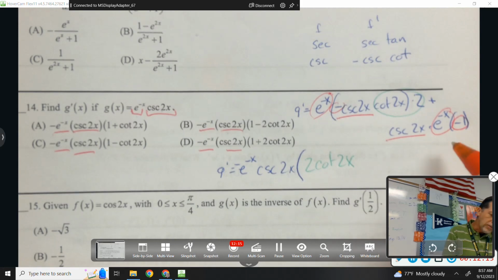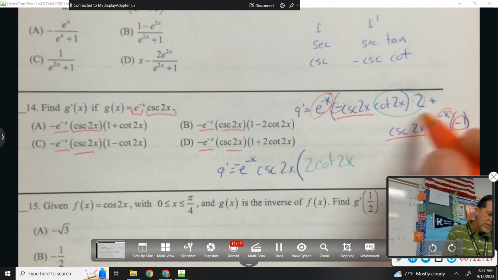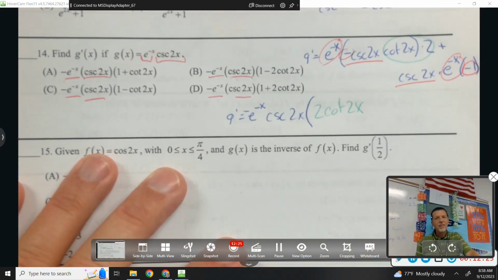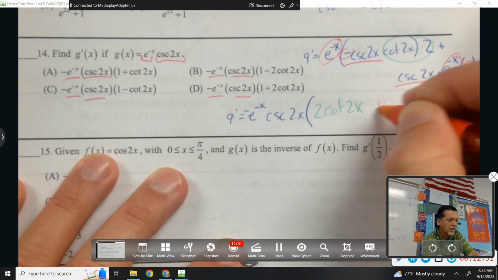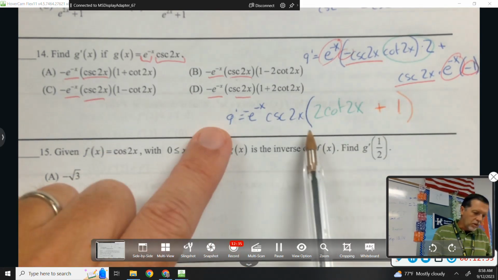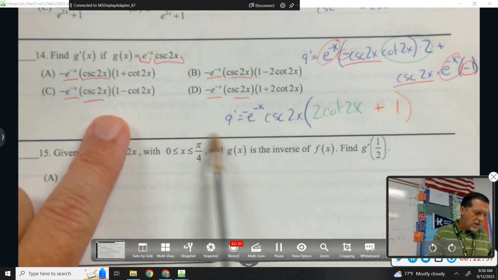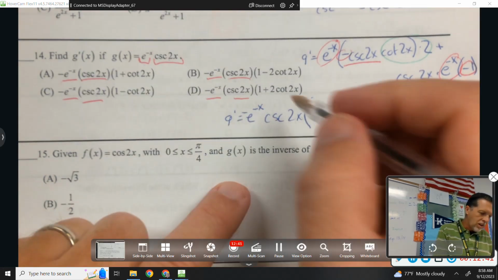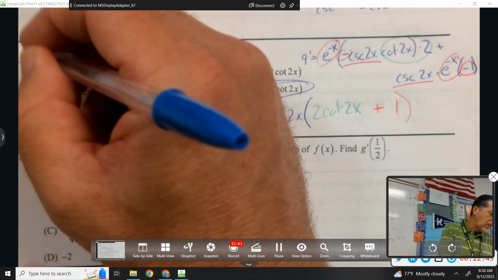And what's left from the second term is, well, it's nothing. We took it all. Now be careful. Surely no one's going to make the algebra mistake here. If we take it all, what do I need to put over here? Plus 1. Okay, so does one of these answer choices match 2 cotangent 2x plus 1? Answer choice D.